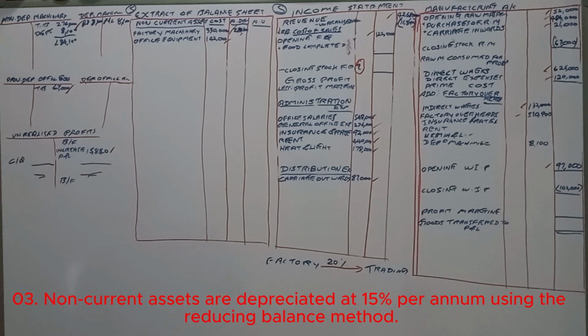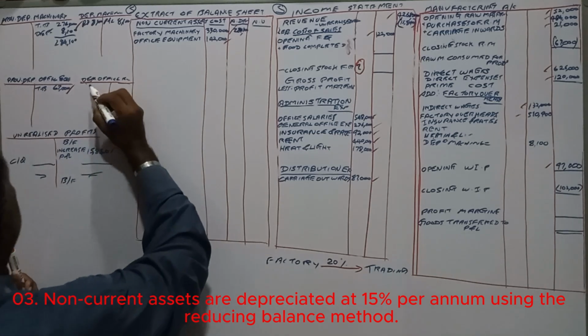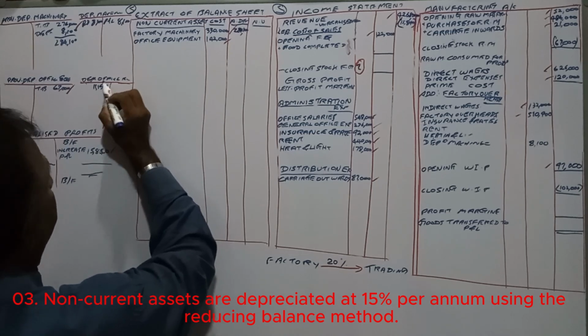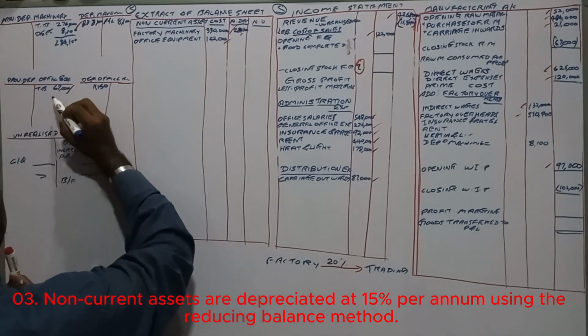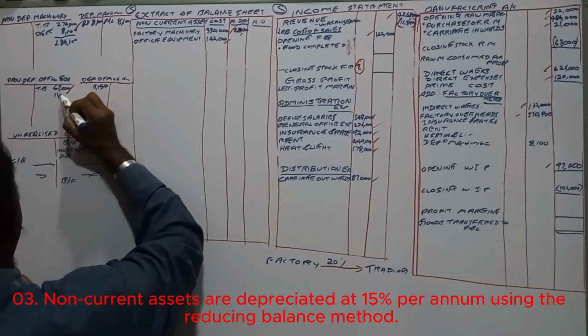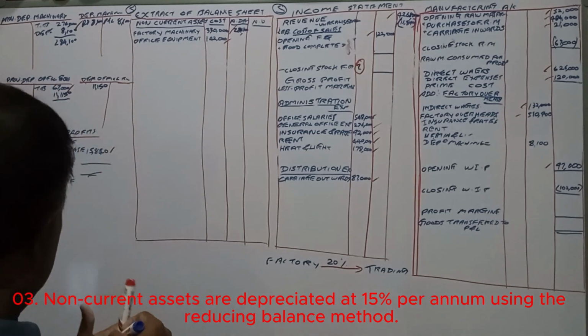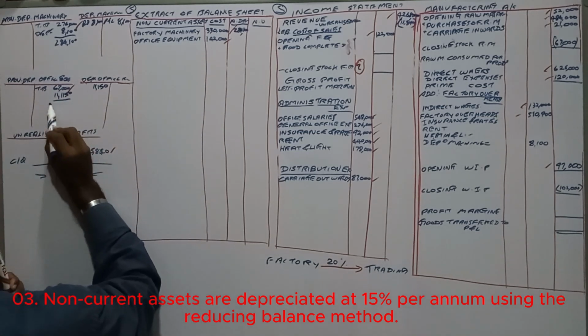From 75,000, you have to calculate 15 percent, that is 11,250. Depreciation account debit 11,250. So here accumulated depreciation is credited 11,250, right?